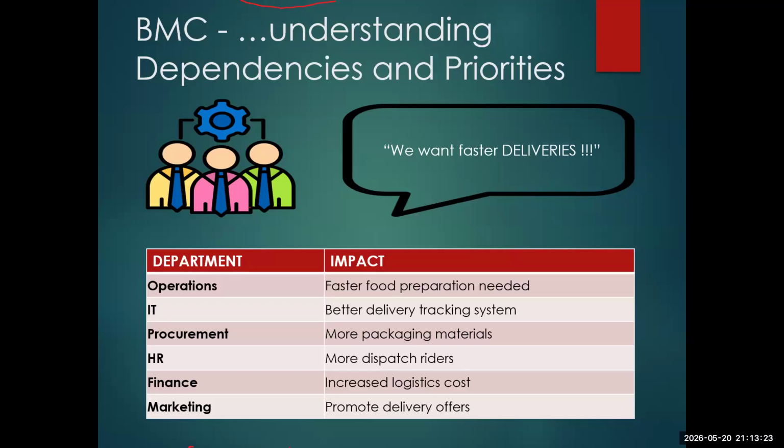Now, all the departments in that organization, you have to run them out and see how they impact one another in fulfilling this singular objective, which is faster deliveries. So operations have to ensure that the food preparation now is a lot faster. IT has to ensure better delivery tracking systems and applications.